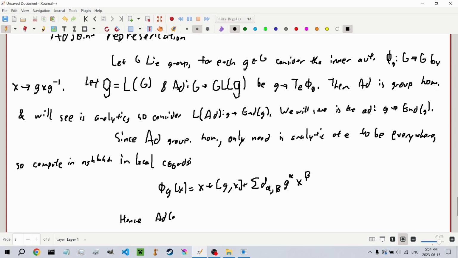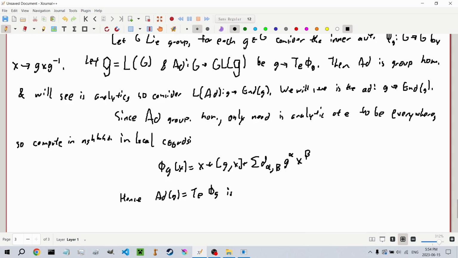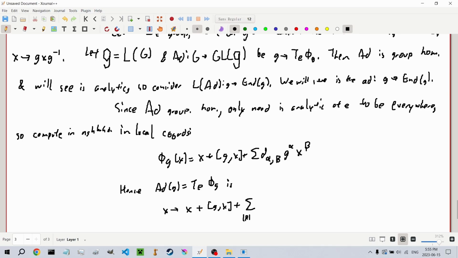Hence, the adjoint of g, being the tangent at the identity of phi of g, is the map X going to X plus g comma X plus the sum over beta being 1 of our familiar term here on the right. So it's analytic at E.